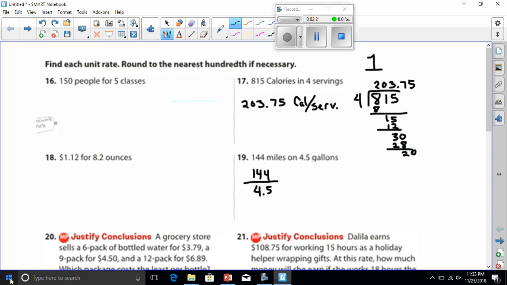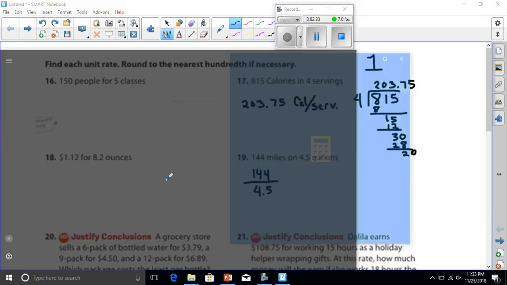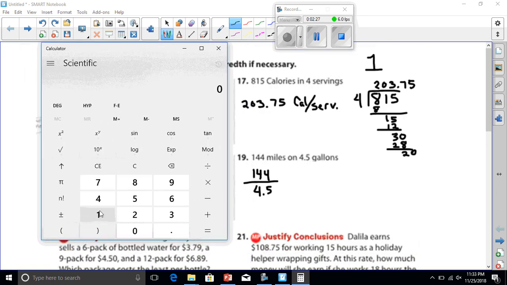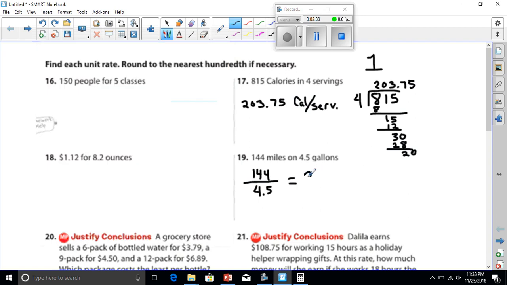If I want to do that a lot quicker, I can just go to my calculator, and I can take 144 and divide it by 4.5. That's going to give me 32. So that's 32 miles per gallon.